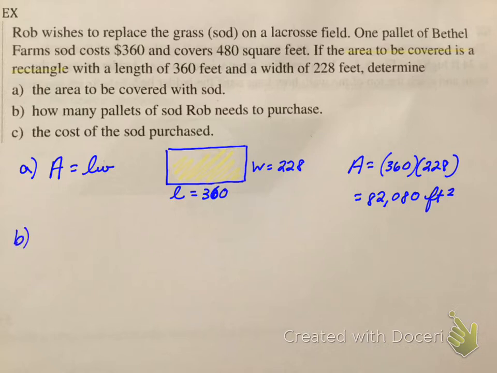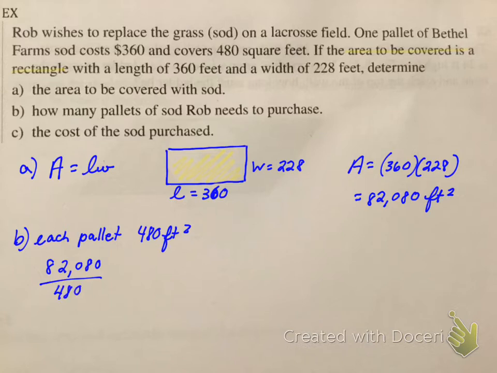Part B, how many pallets of sod Rob needs to purchase? Well, each pallet covers 480 square feet. So what I'm going to do is take 82,080 and divide that by 480.